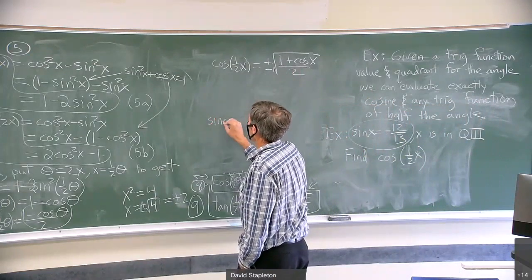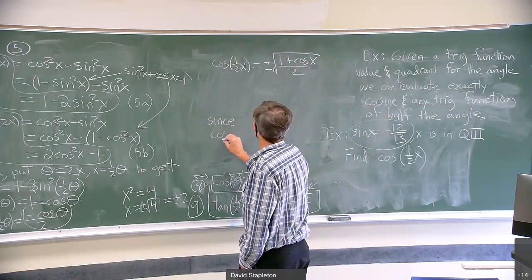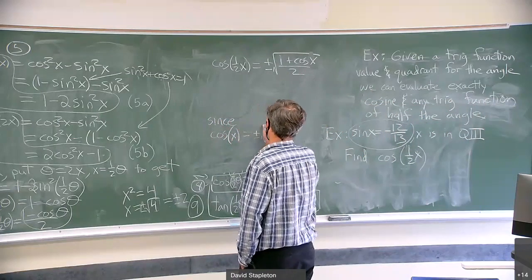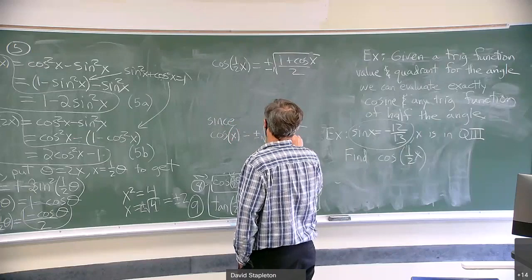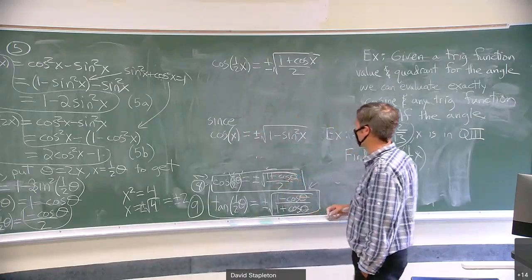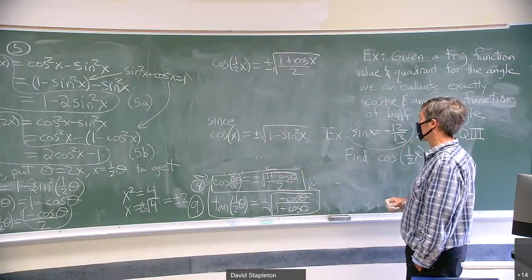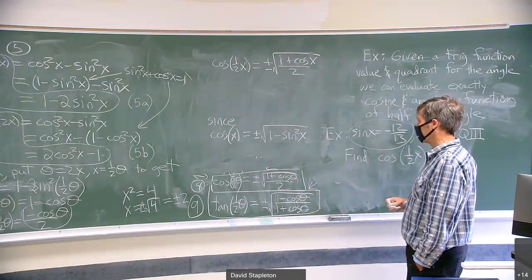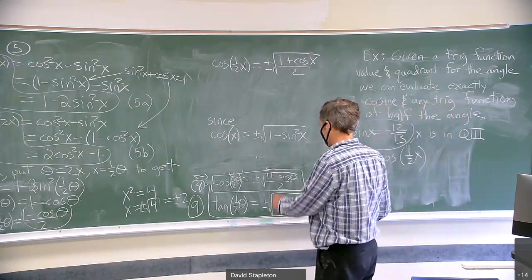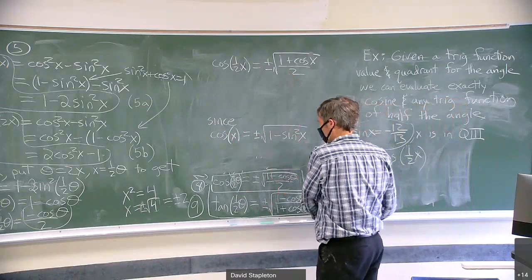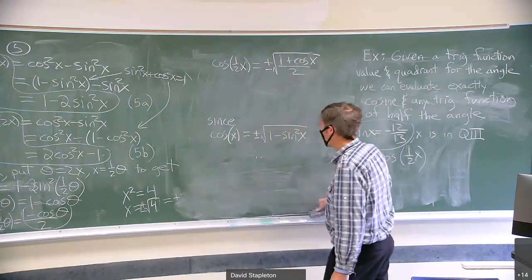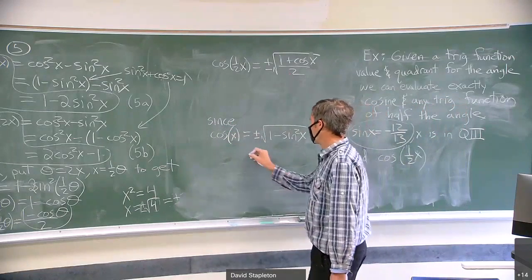We'll say cosine x is plus or minus the square root of 1 minus sine squared x, by the Pythagorean identity solved for cosine. We use this a lot. Since sine is minus 12/13, we can compute this.